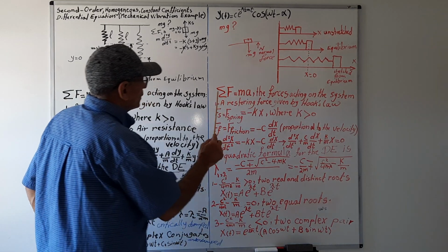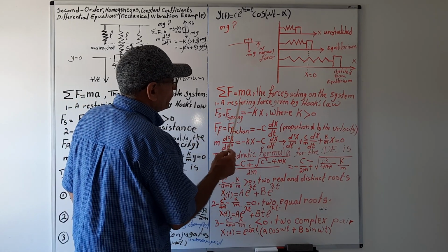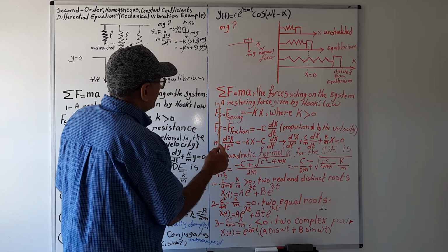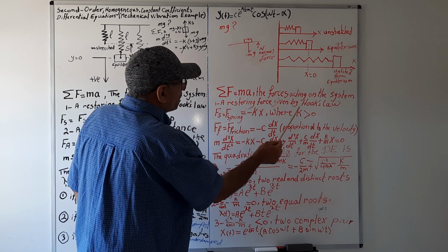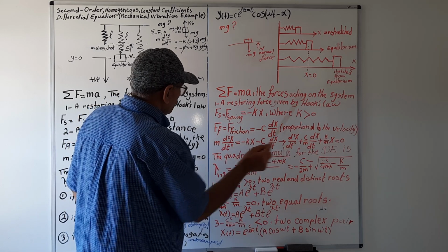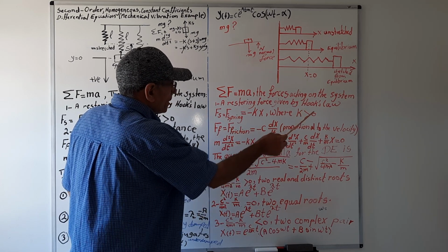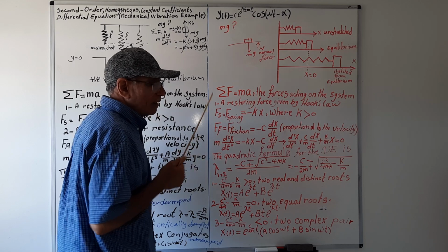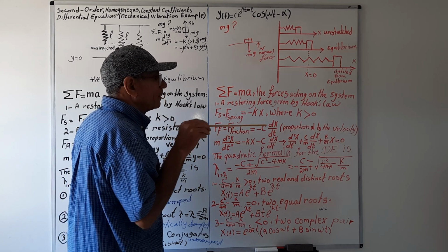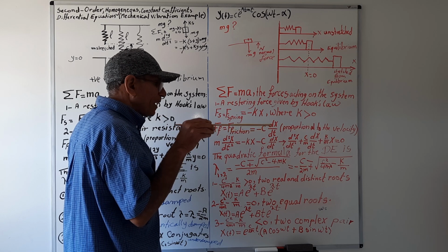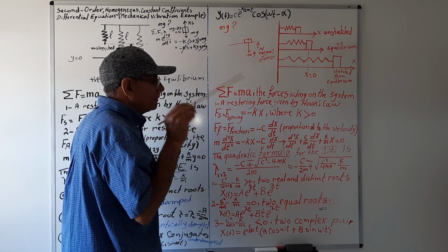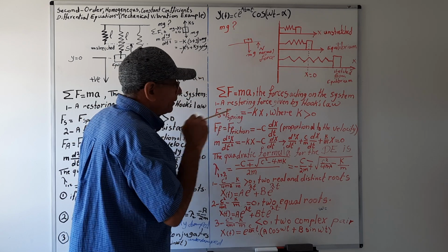The same, also Newton's second law of motion, and we have a restoring force given by Hooke's law. You have the force of the spring, k bigger than 0, and k depends on the material, the diameter of the wire of the coil, the diameter of the turn, and the number of turns.